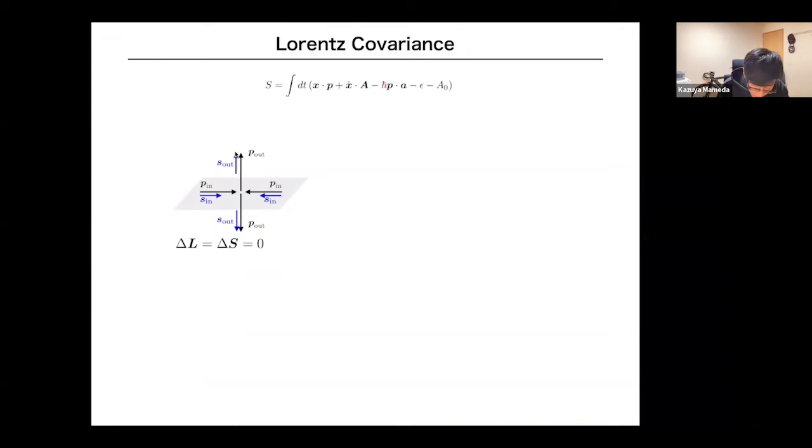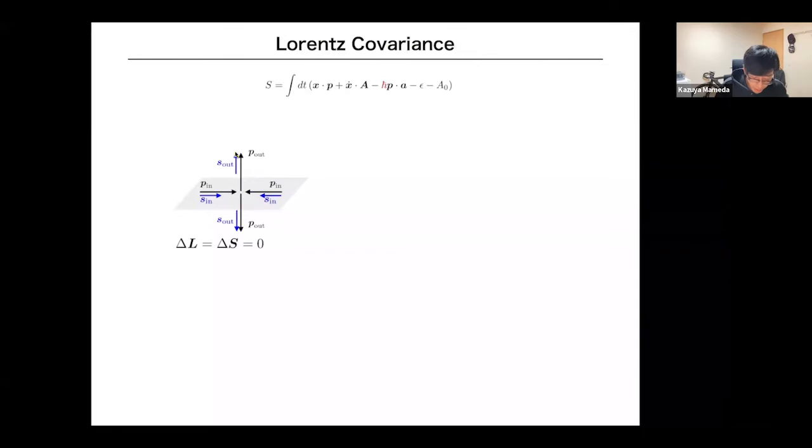First, from these two momenta, it is obvious that we have no net orbital angular momentum. Also, after the collision, we have no orbital angular momentum, which means delta L should be 0.